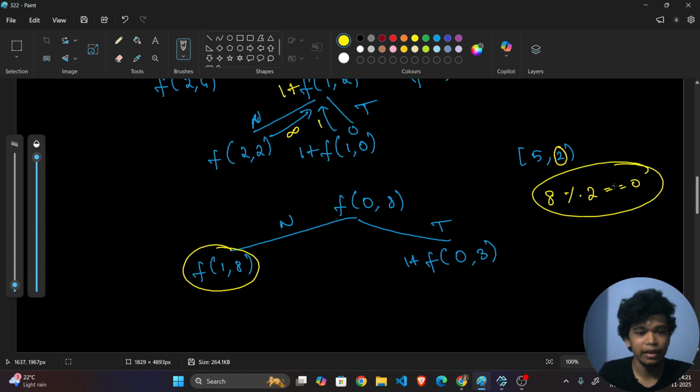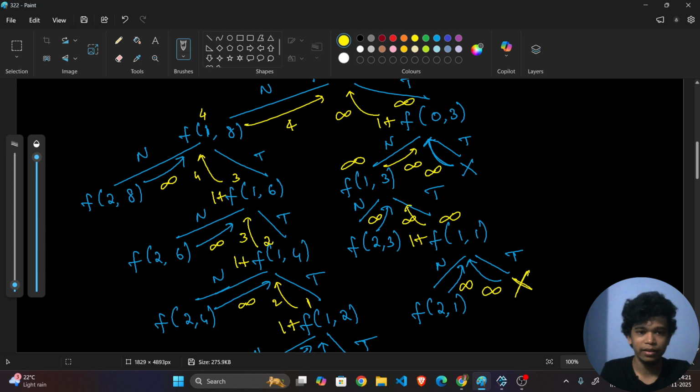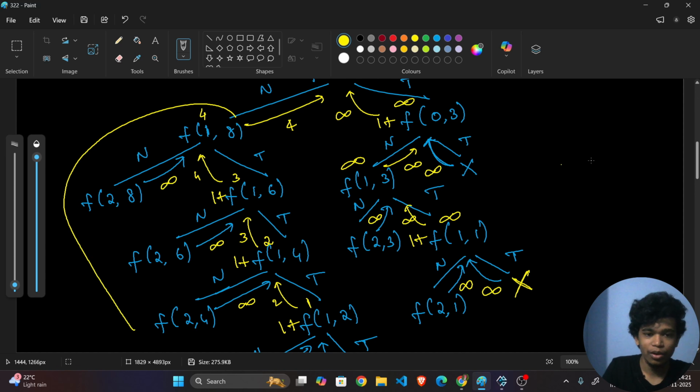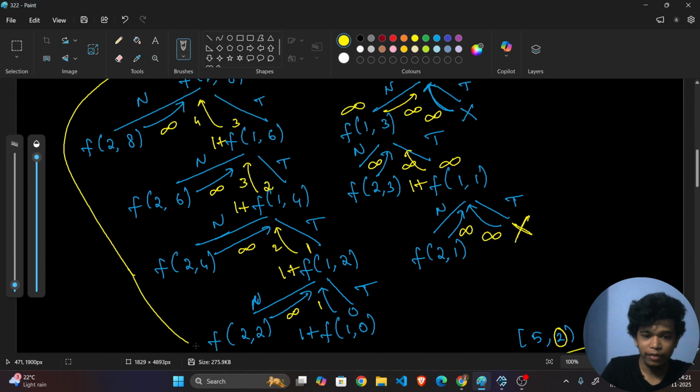Yes, it is divisible. Then I will just return 8 divided by 2, which is equal to 4. Just return 4. Instead of going through all the recursion calls again and again, like see here, from this, everything is the same recursion calls. I will be taking and not taking.